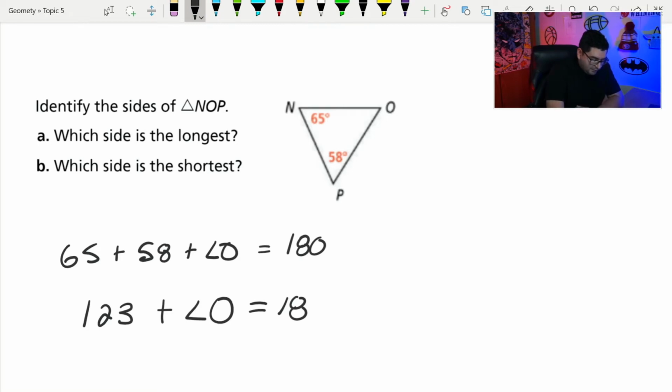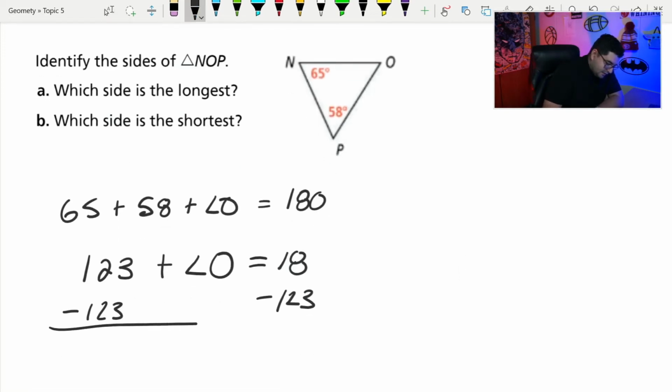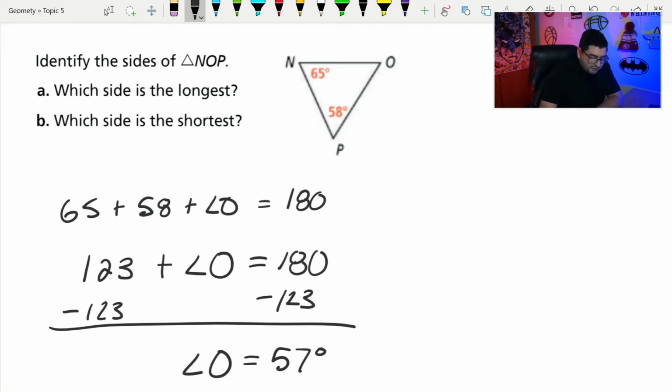Then the next thing I would do is subtract 123 from both sides of 180, and I'd find out that angle O is equal to 57 degrees. So it's very close to those other measurements. 57 degrees.